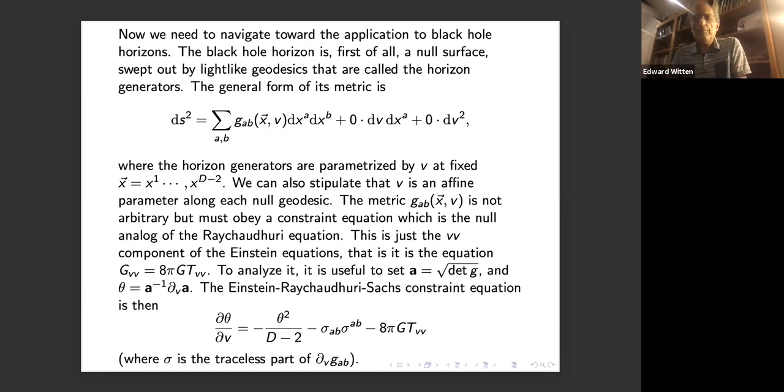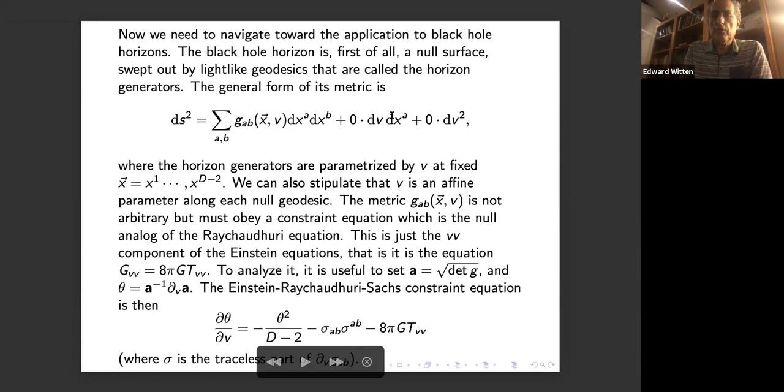The metric G_AB of x and v is not arbitrary, but must obey a constraint equation, which is the null analog of the Raychaudhuri equation. See, Einstein equations are tensor equations. At each point in space, 10 equations. 9 of them depend on derivatives in the u direction.